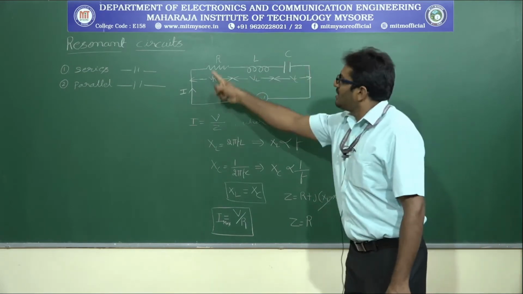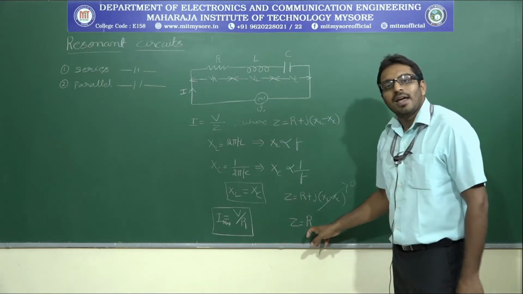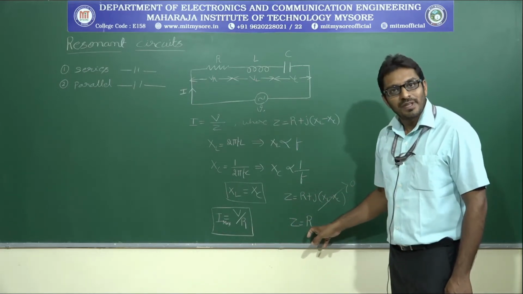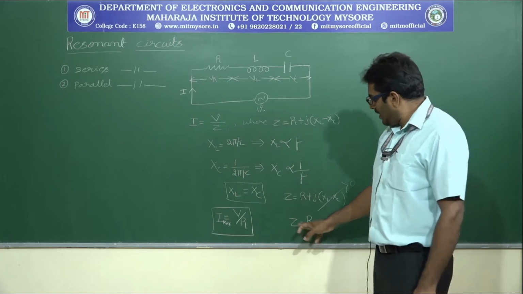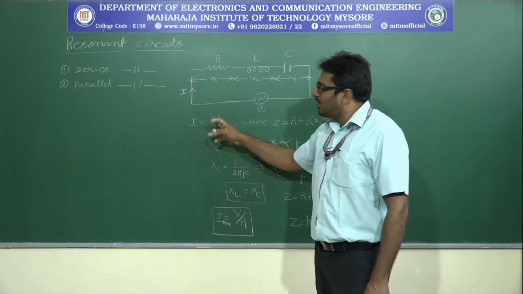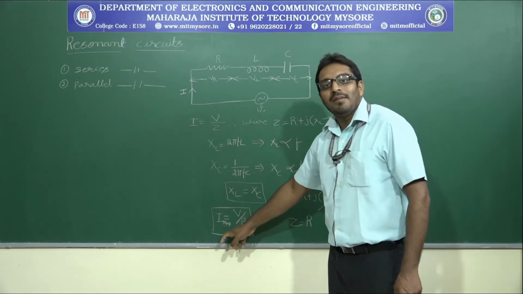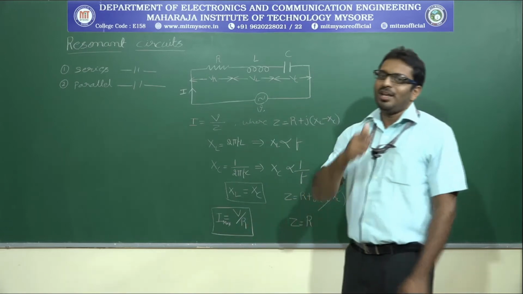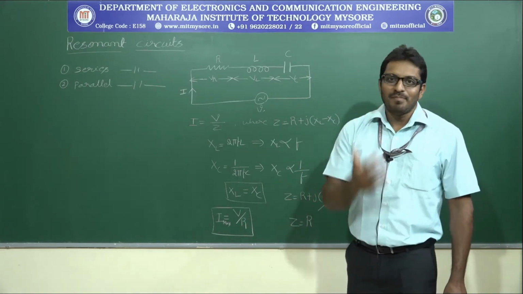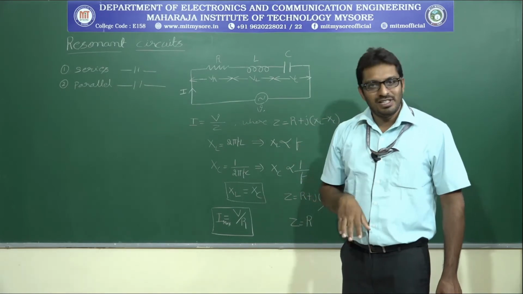Therefore, the impedance of this series RLC circuit behaves like a purely resistive one. Then Z is equal to R, and I is equal to V by Z. When Z is equal to R, I becomes I maximum. Now tell me, what is resonant current? This is the maximum current which is obtained only at resonant frequency.